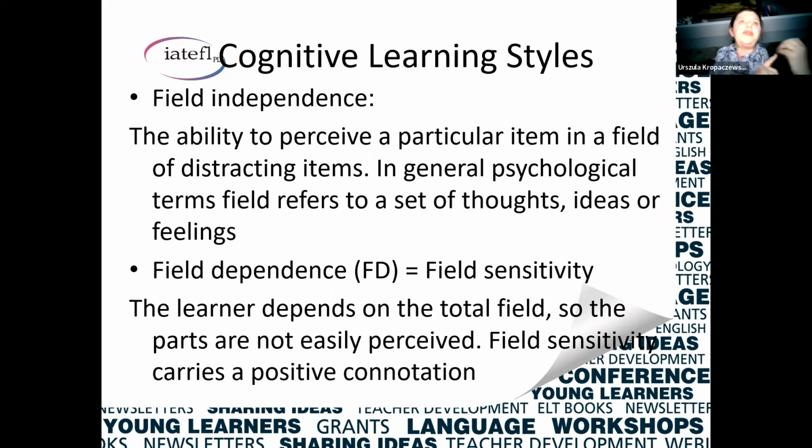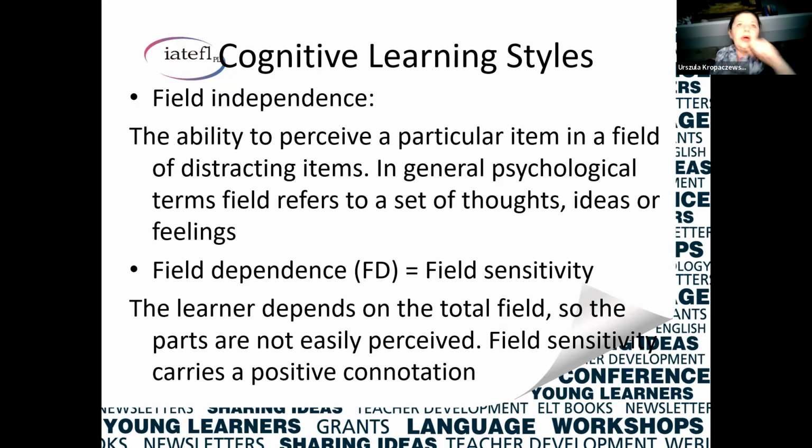So students who are field independent can find out the differences faster. But students who are field dependent depend on the field, and they can see the whole picture, and they cannot see the details as quickly as field independent language learners.